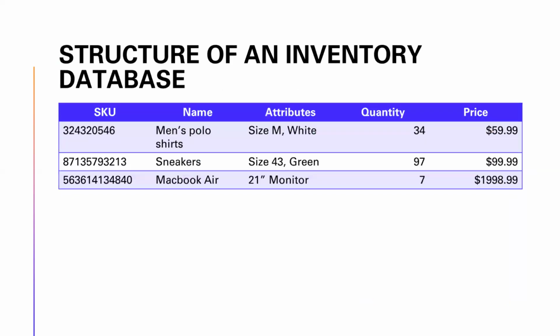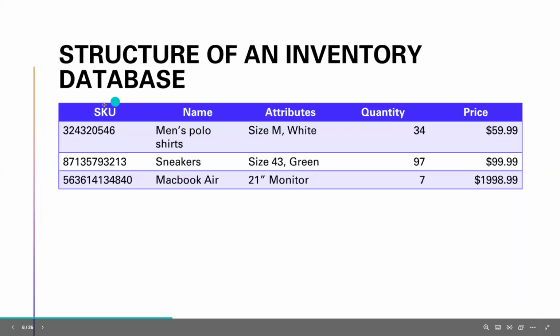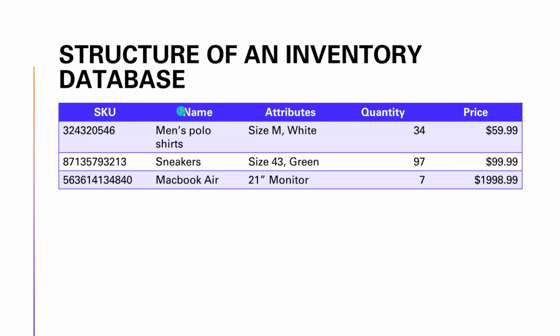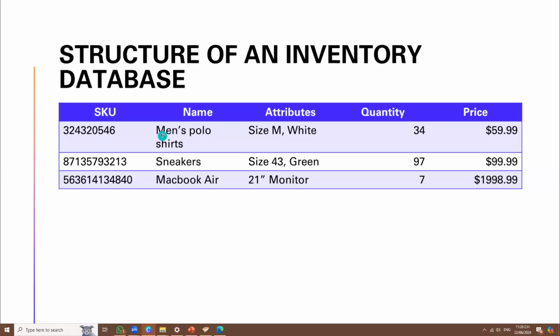For example, I have some items in my warehouse, and each of them will have an SKU, a name, and some description or attributes. Like I have some polo shirts in my warehouse, size M and color white, and it has a certain SKU.